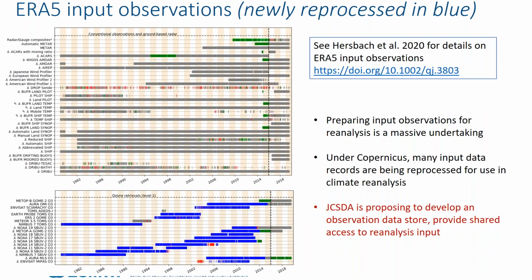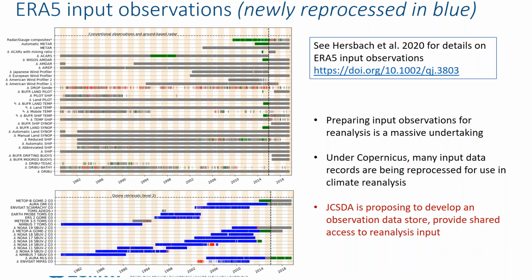So that's just a very complex picture, and a huge amount of work goes into this. And again, I should say that under Copernicus, there is funding for this for different groups. It's not just being done by ECMWF. In fact, most of it is not done at ECMWF. It's done by other groups in Europe and data providers and so on, satellite agencies. But it's all done for the purpose of improving reanalysis.